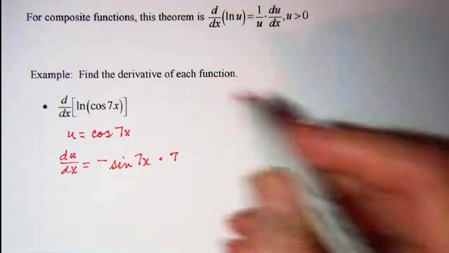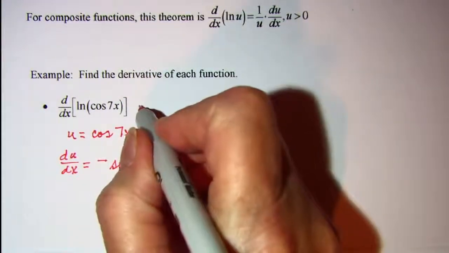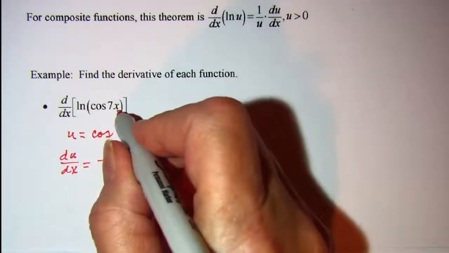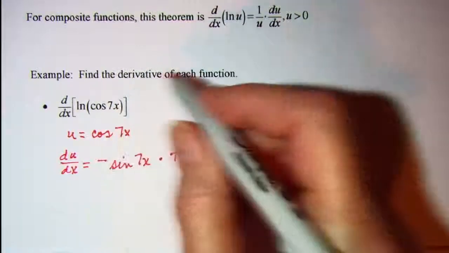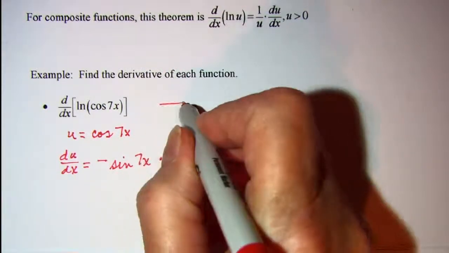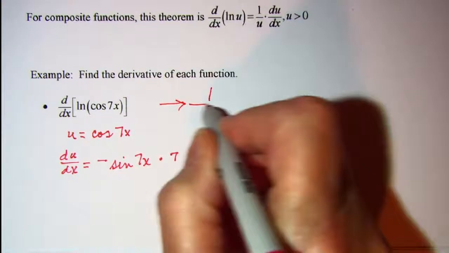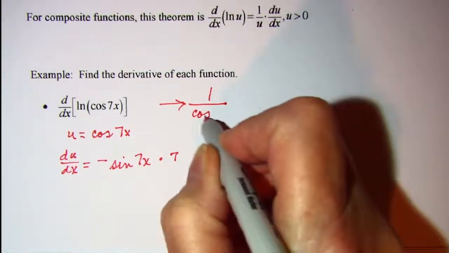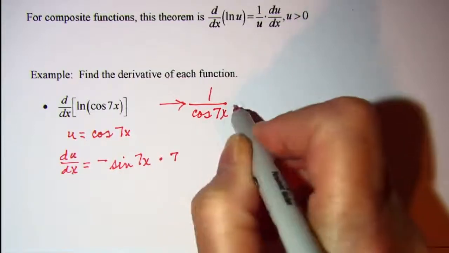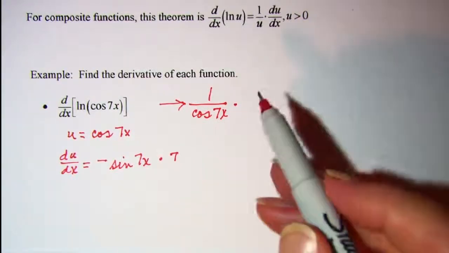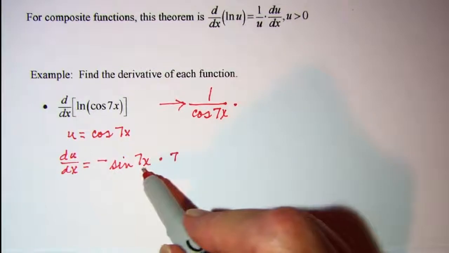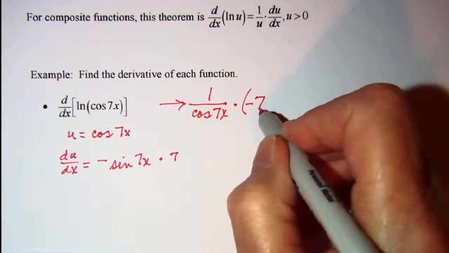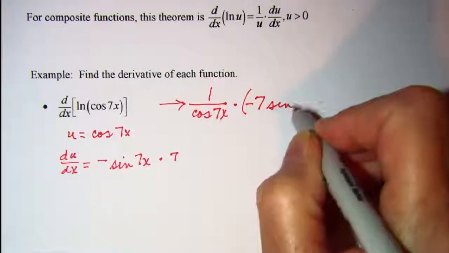And so now we can do the derivative of our ln, and that's going to equal 1 over cosine 7x, and then we have to multiply that by du dx, which is negative 7 sine 7x.